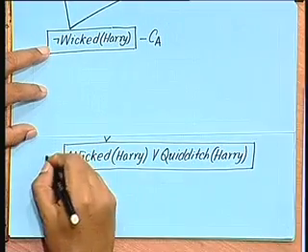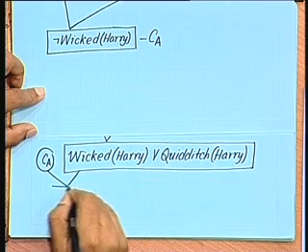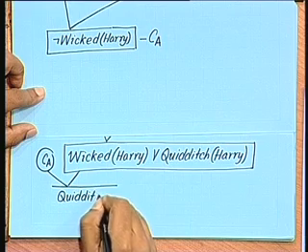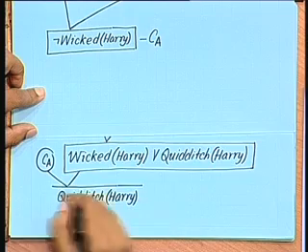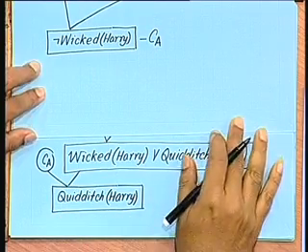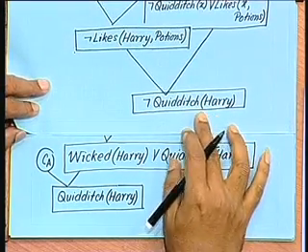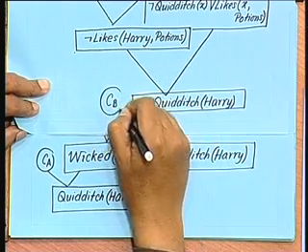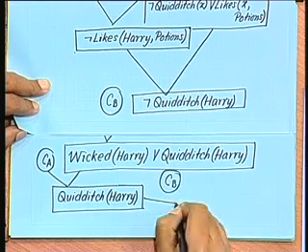With CA and this I am able to deduce Quidditch Harry, and then we have not Quidditch Harry here. So, if we use these two, let us call this CB, then CB and this give us false.